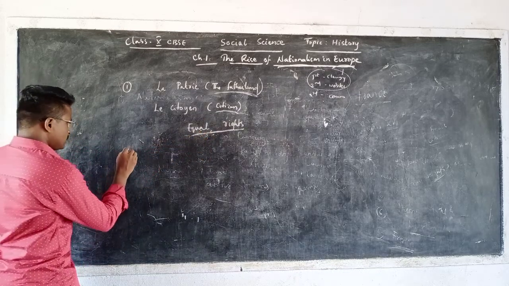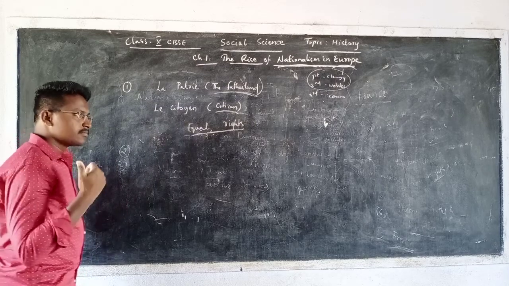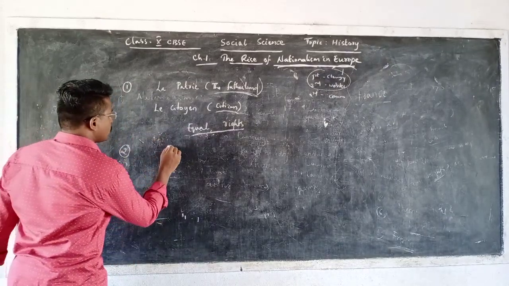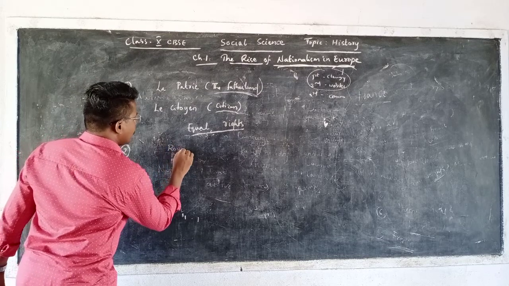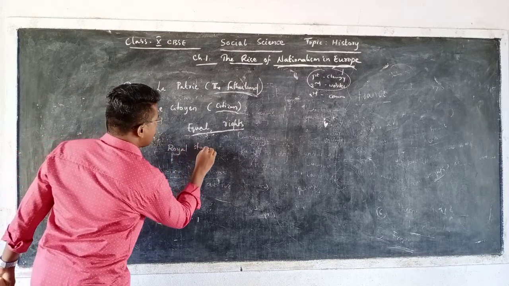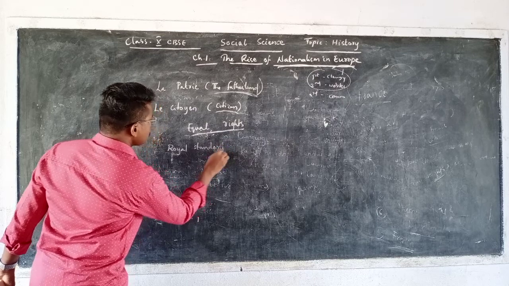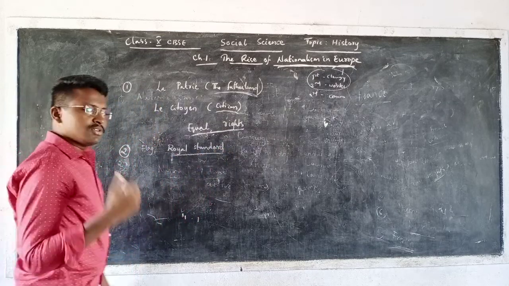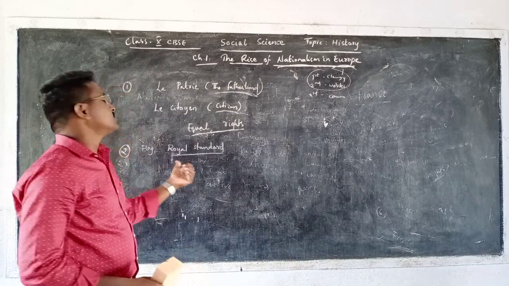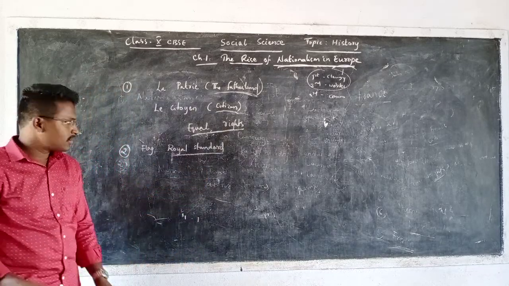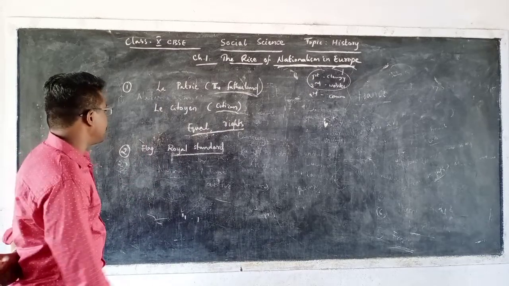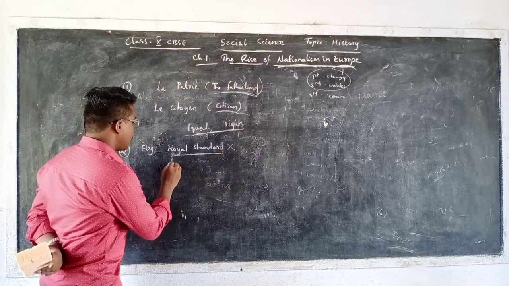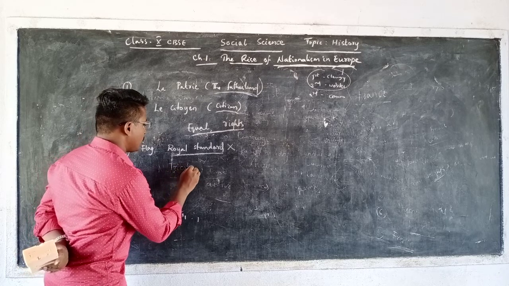The second thing: before that, when Louis XVI was ruling, there was a flag known as the royal standard. For every king or kingdom, usually there is a flag which represents the kingdom. But after the defeat of Louis XVI, this royal standard flag was replaced by a tricolor flag.